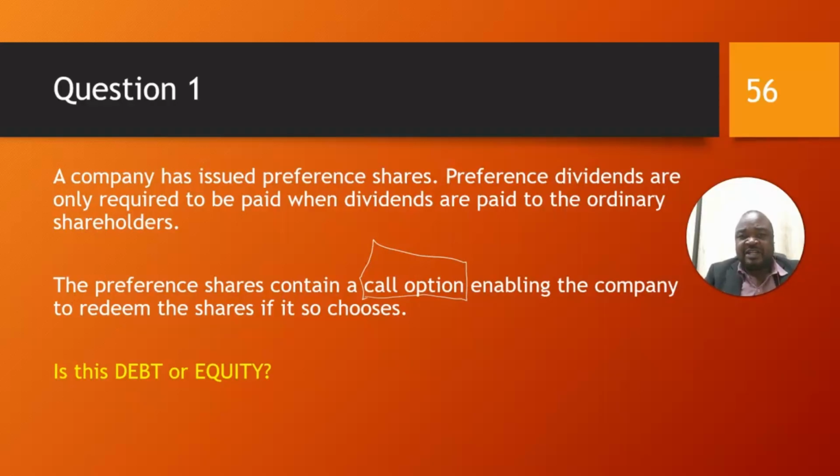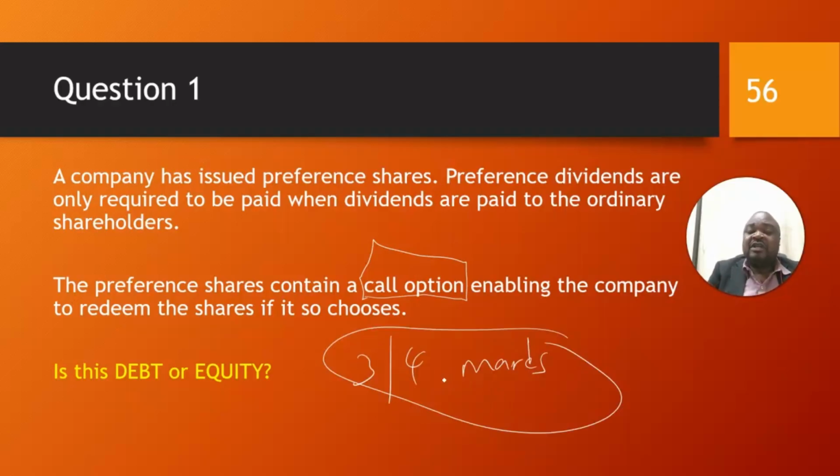If in an examination this type of question or a similar question comes, you need to be organized, because let's say the examiner asks this, you then have to at least define what debt is and what equity is. So what is debt? We say that debt is the obligation to deliver cash or another financial asset.